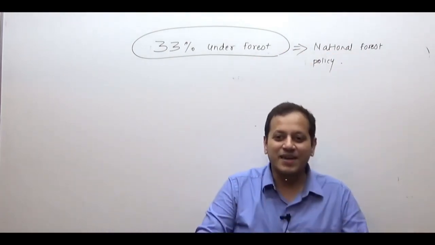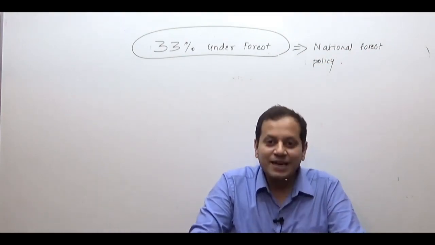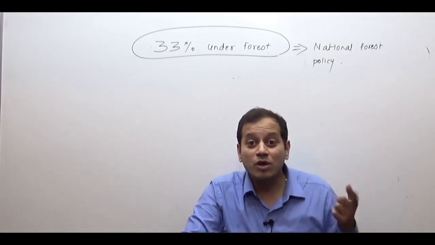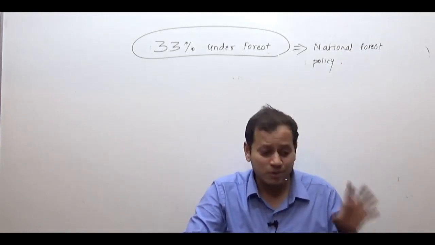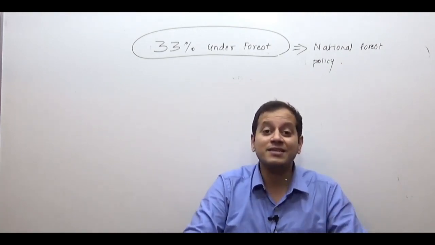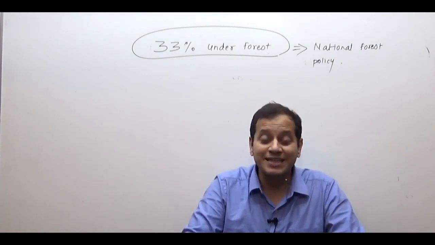But is 33% of the area under forest? How much area is under forest in India? Today it is around 24%. Do watch the next lecture of 5 minutes, because I have taken it as a separate lecture as it is based on current affairs, that is India State of Forest Report 2015, which is the latest report of the State of Forest.